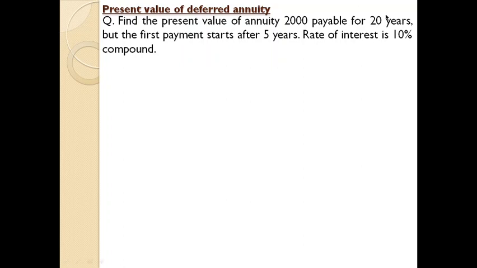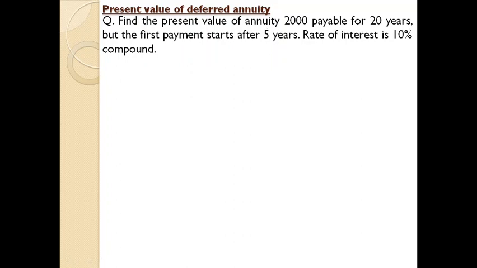So the period of installments or investment was 20 years, but the actual payment begins only after the fifth year. So this is a case of deferred annuity, because here only after a lapse of 5 years the payment for a period of 20 years has begun.